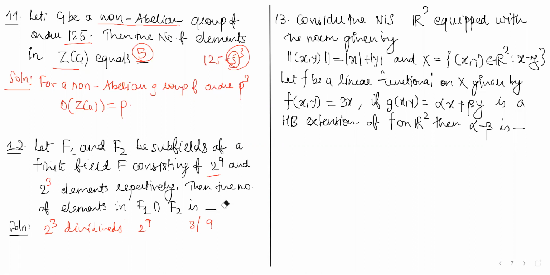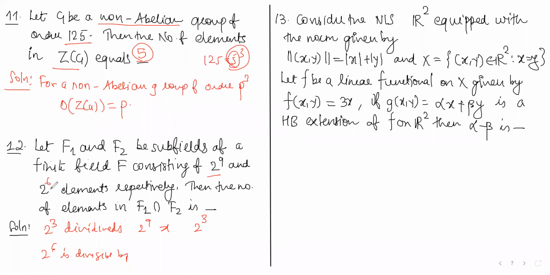So its subfield will have order 2 power 3. And for 2 power 6, I think I wrote the wrong question. It's 2 power 6, not 3. Just a moment, let me check the booklet again. Yes, it is 2 power 6, not 3. So that's where I was making a mistake.